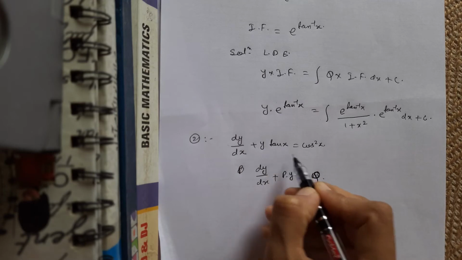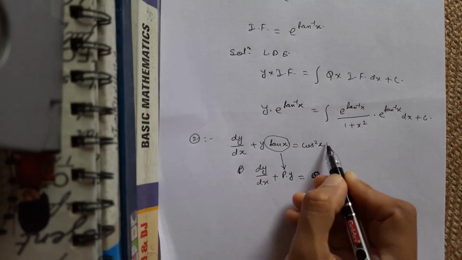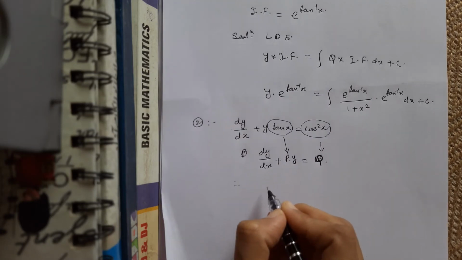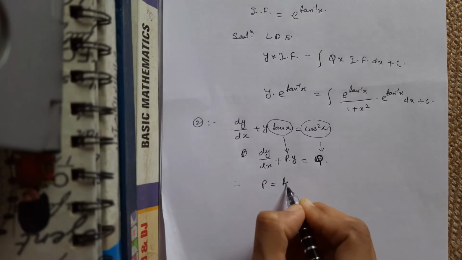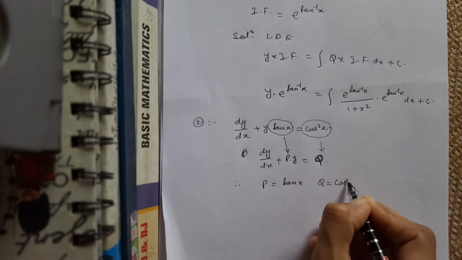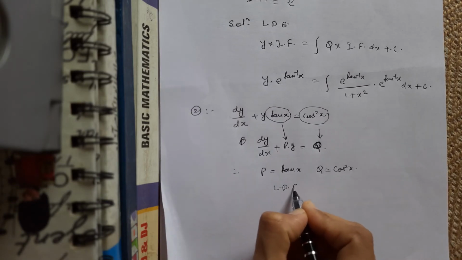After comparing, I get that tan x is my p and cos square x is my q. So p is tan x and q is cos square x. Now this is an LDE.